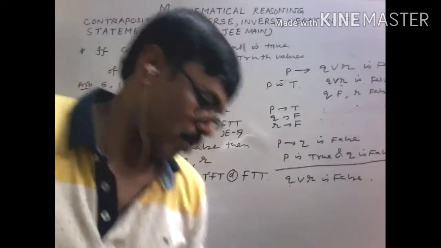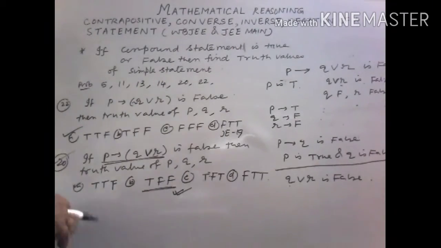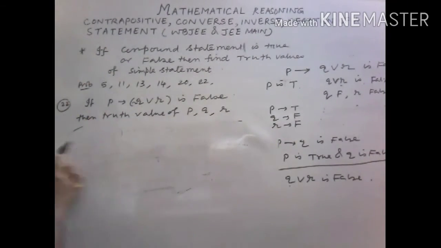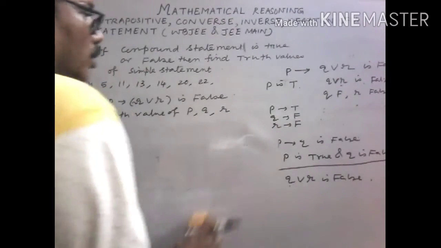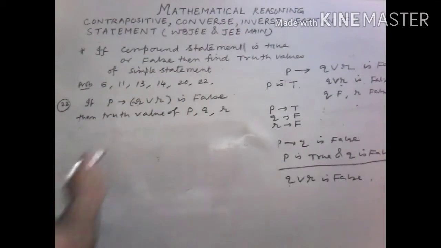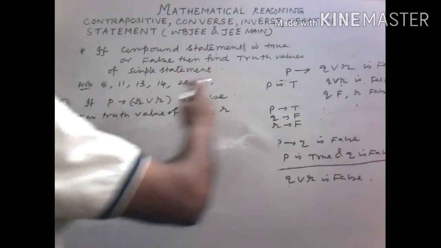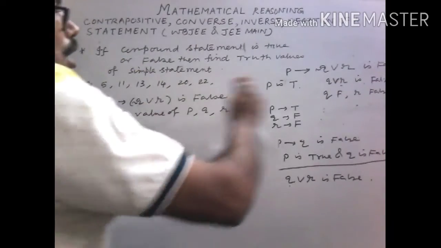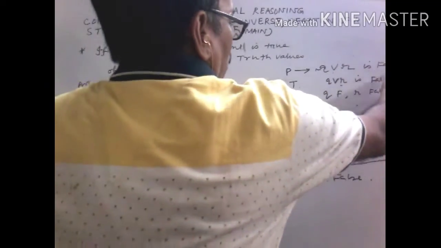Now a similar problem, like problem number 22, 100% similar. Look, here Q is replaced by negation Q. P arrow (negation Q disjunction R) is false.